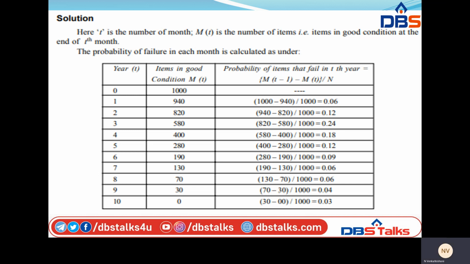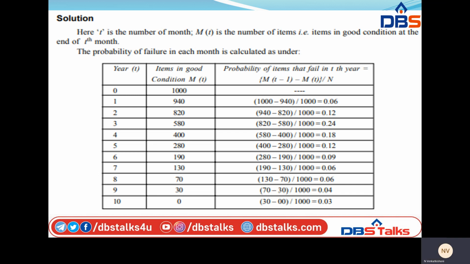So what is the year? T time, so 0 to 10. These are already given in the question. And what are the items in the good condition? For the 0th year, 1000. For the first year, 940. That means 60 items failed.